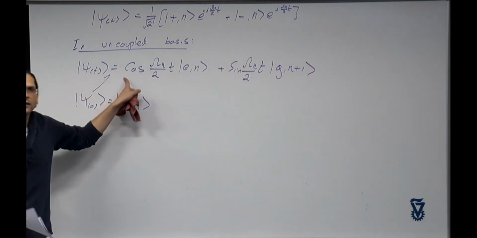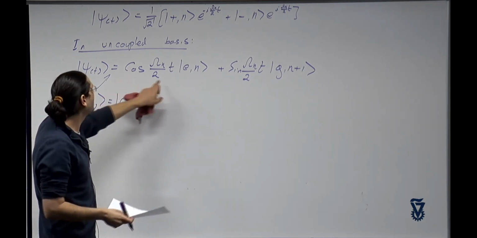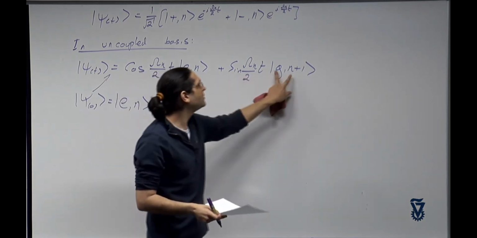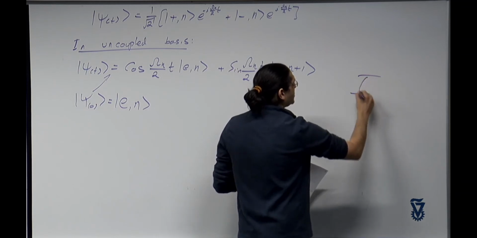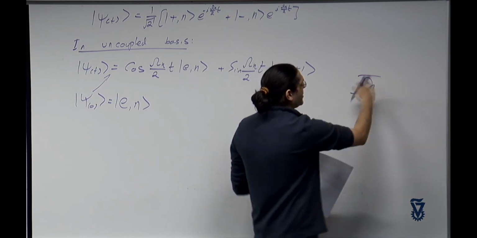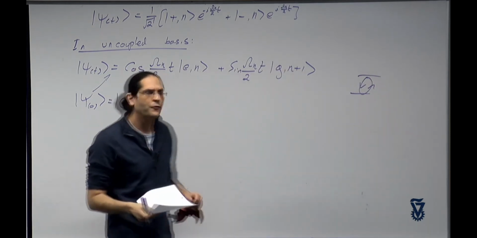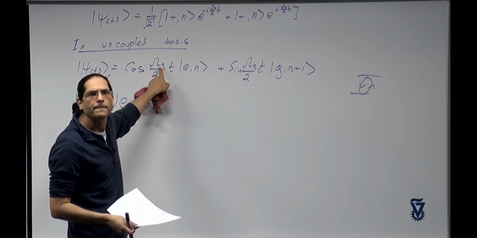And now you can actually see the dynamics itself that we were talking about with the excitation being swapped from this state to that state between the doublet. Okay, so we have our doublet, and the excitation is doing Rabi oscillations between the two states of the doublet. And the frequency of the Rabi oscillations is just this omega n.